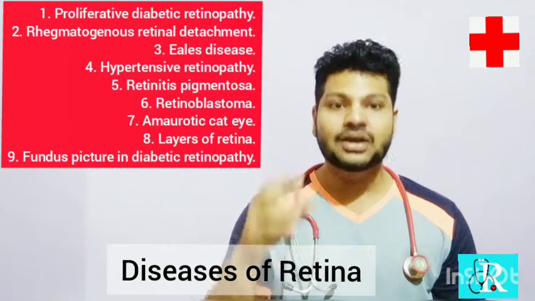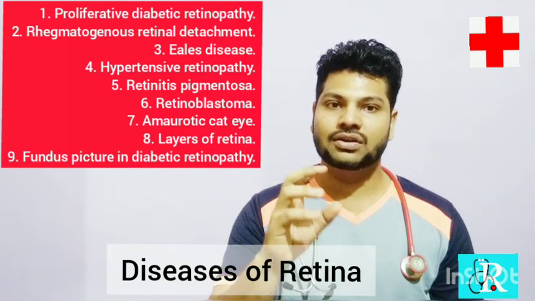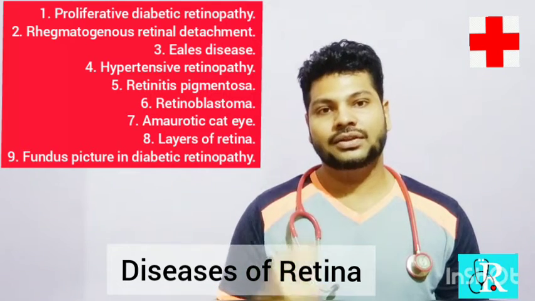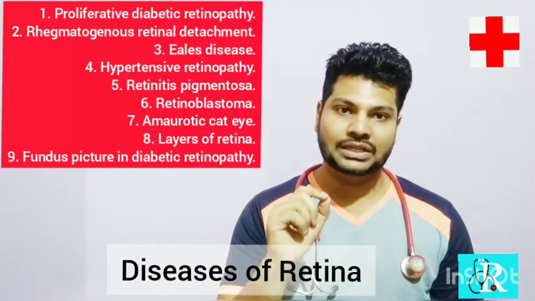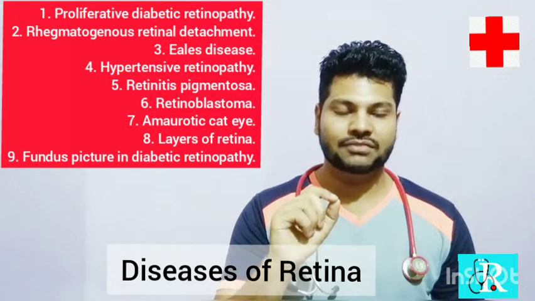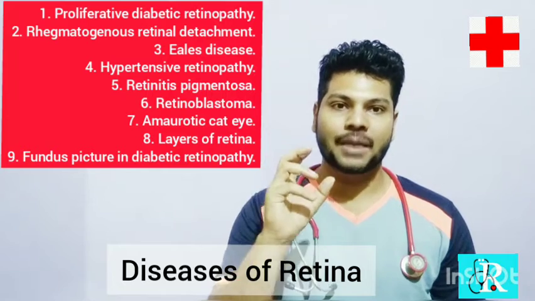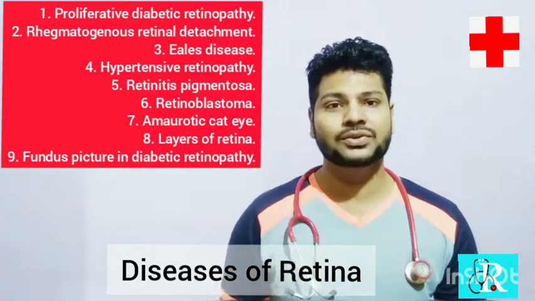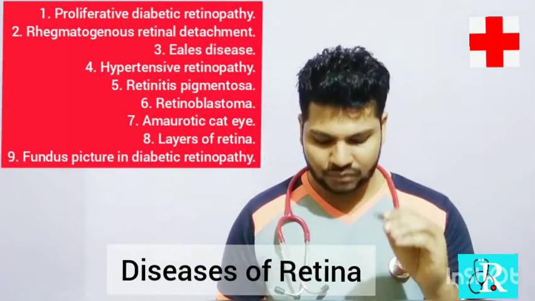They rupture very easily, causing vitreous hemorrhages or retinal hemorrhages. This may lead to infection, and it may lead to damage to the optic nerve as well, because the optic nerve doesn't get enough oxygen and blood supply, leading to hypoxia of the tissues, tissue injury, and thereby vision loss. So this was about proliferative diabetic retinopathy.